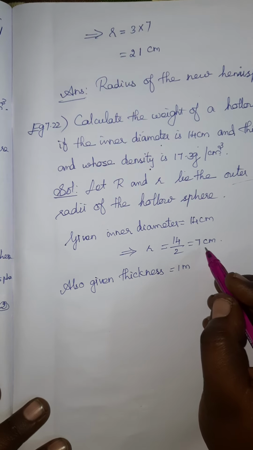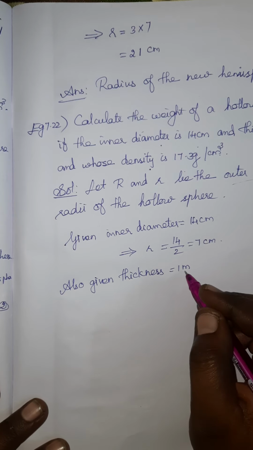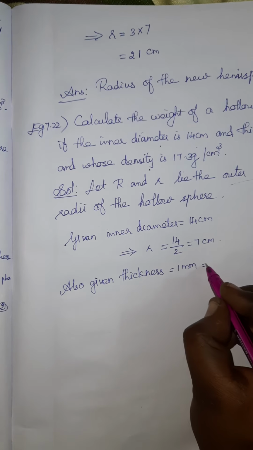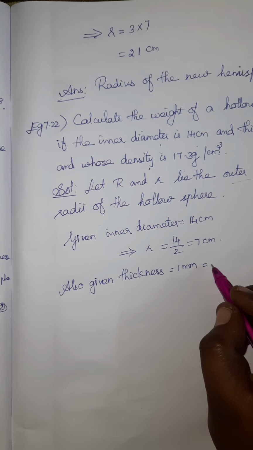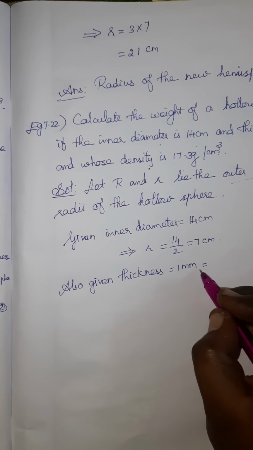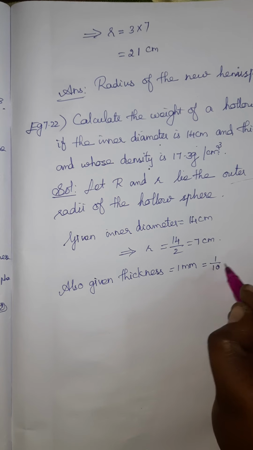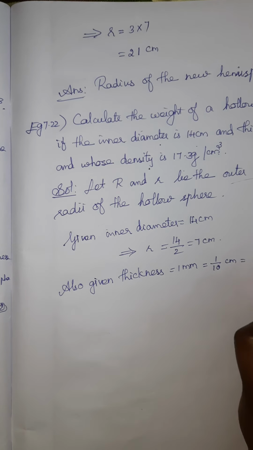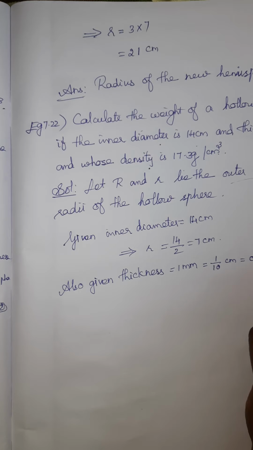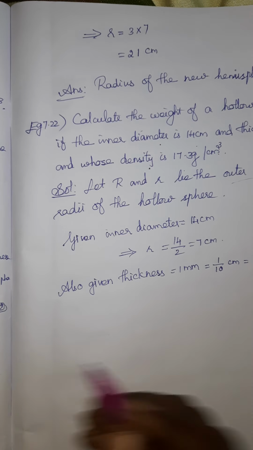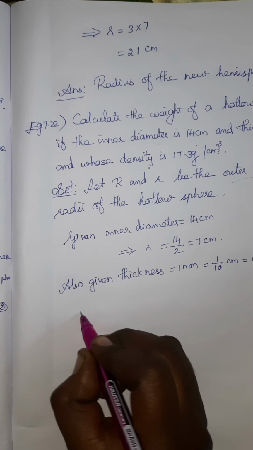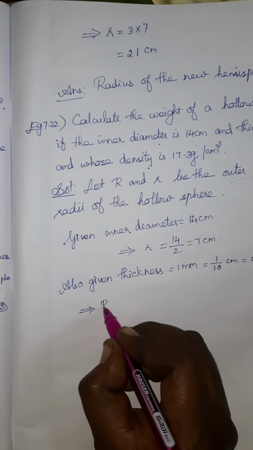Since the radius is in centimeter, you should change the thickness to centimeter. 10 millimeter is equal to 1 centimeter, so 1 millimeter is 1 by 10 centimeter. What is 1 by 10 in decimal form? It is 0.1. So thickness is 0.1 centimeter.